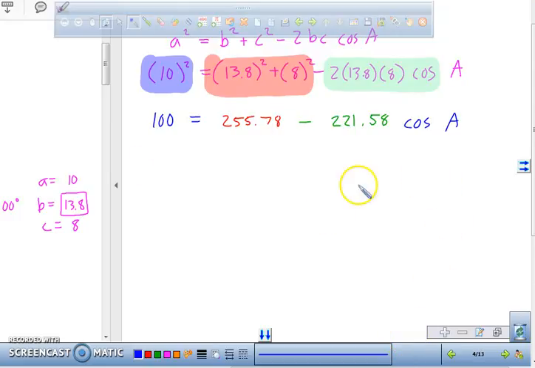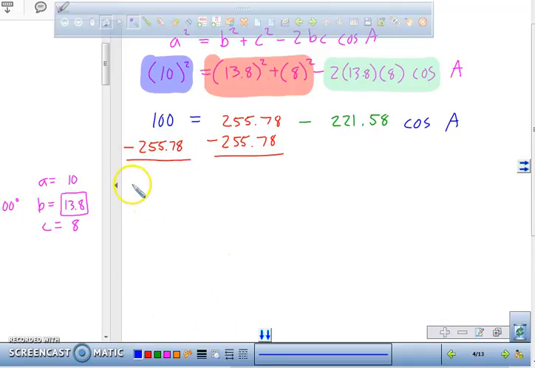Now that we have this, what's our next step? What do we have to subtract from both sides? We have to subtract the 255 from both sides. All right.